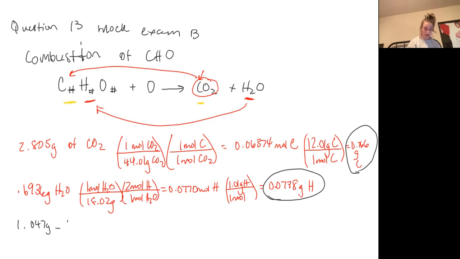So we're going to subtract the carbon and the hydrogen that we just found, because we know that has to be in our sample. So we're going to subtract the sum of 0.766 grams and 0.0778 grams. And that means we're going to end up with 0.2037 grams of oxygen.